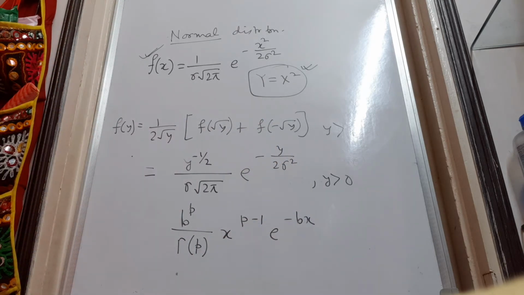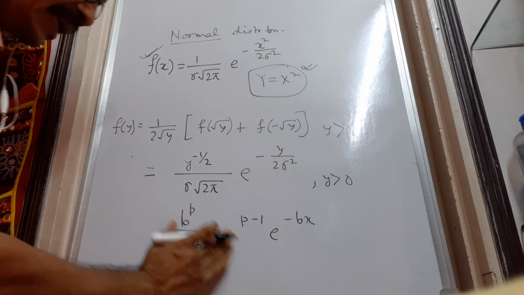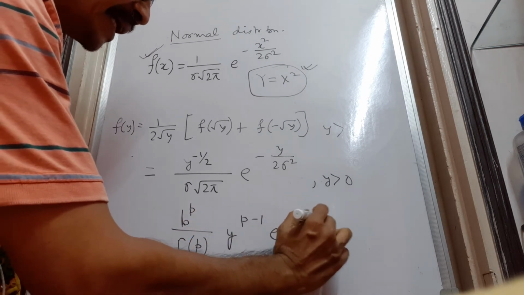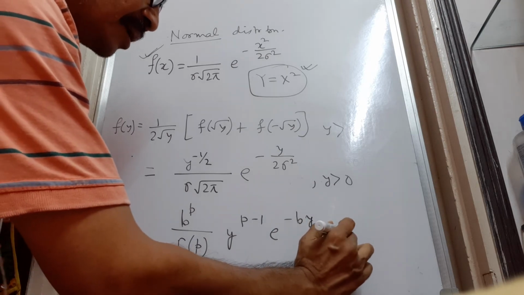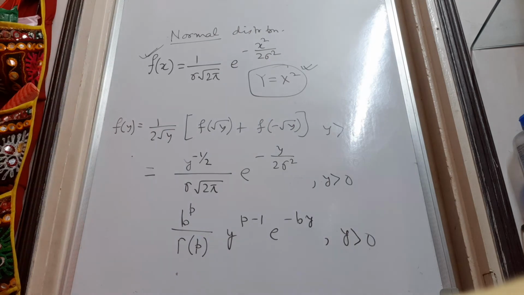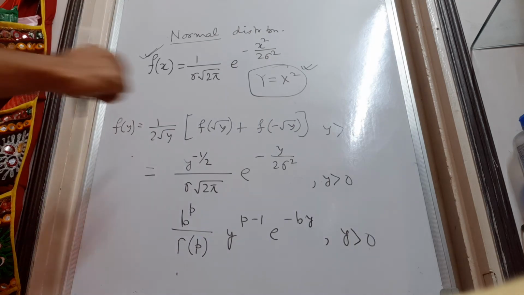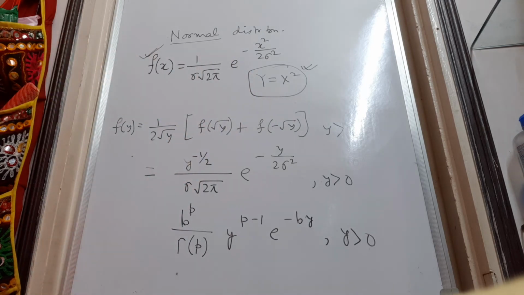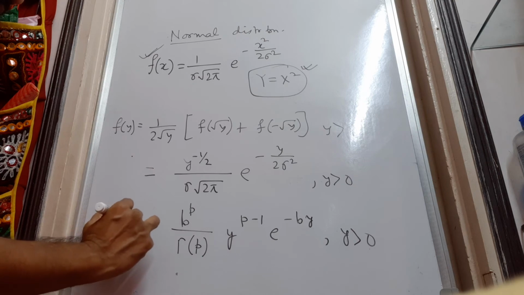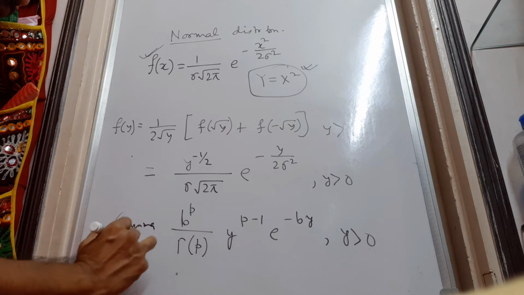We may, if we like, write it here like this also, as we know that x or y is the dummy variable. Actually, we may replace it with x also, but since we have taken this transformation and have written f of y as this, we intend to write the gamma distribution in terms of y.